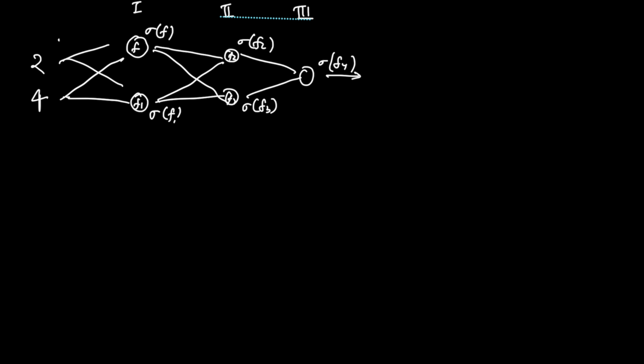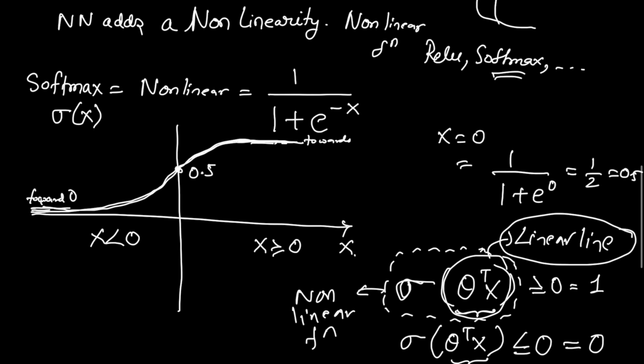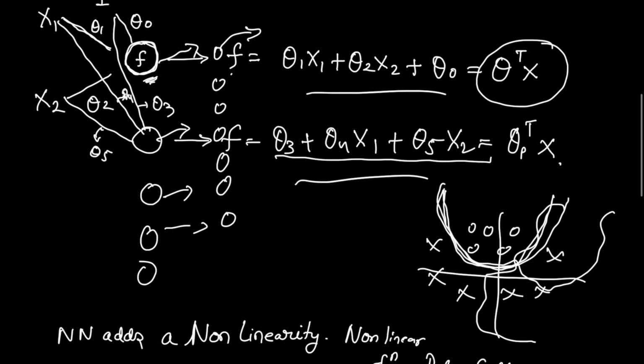Right? Now, this is f1, f2, f3. If everyone is doing the same job, how is the output different? Because these weights would be different. These theta naught, theta 1, theta 2, theta 4, theta 5, these are called the parameters.